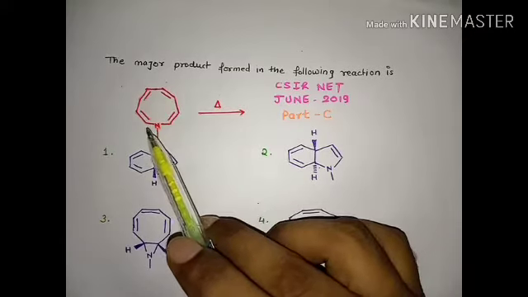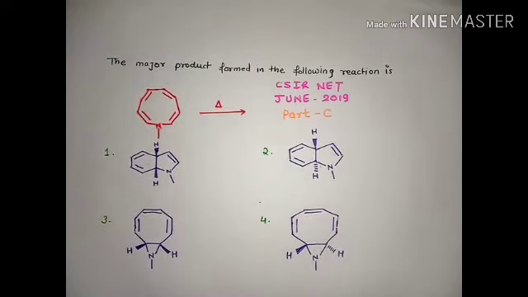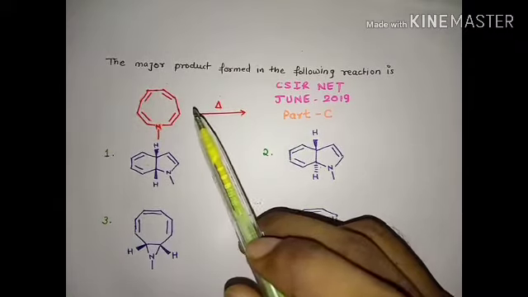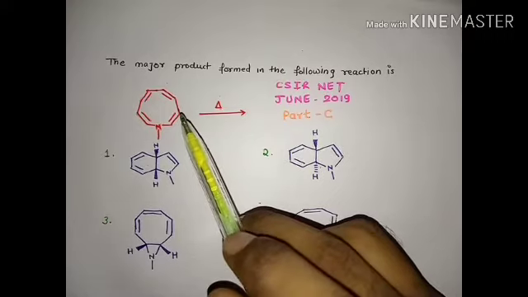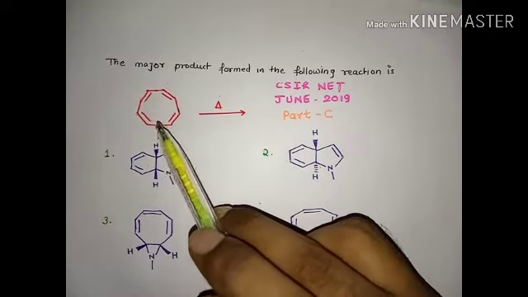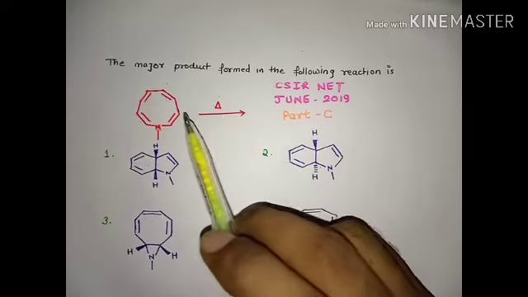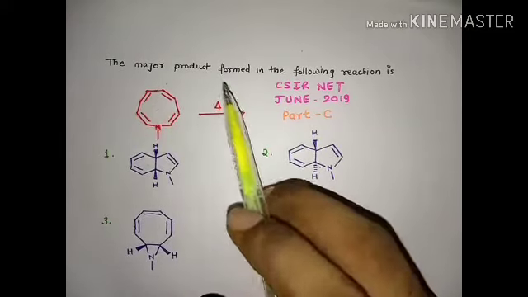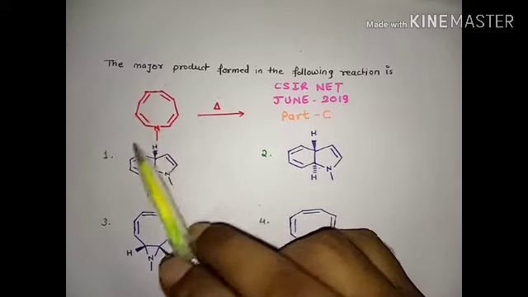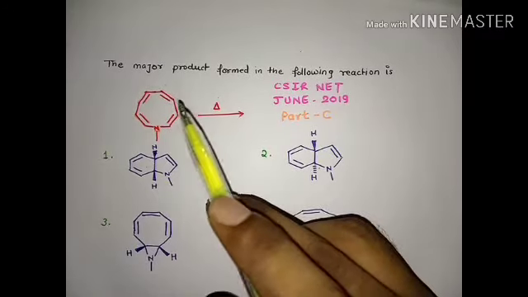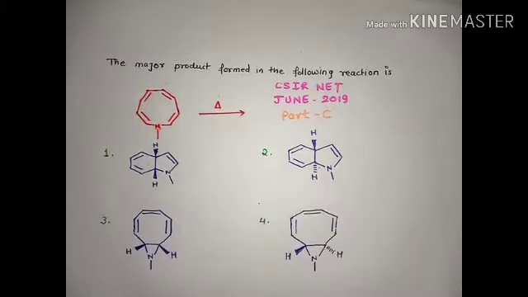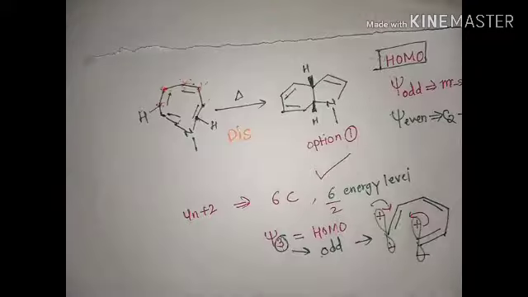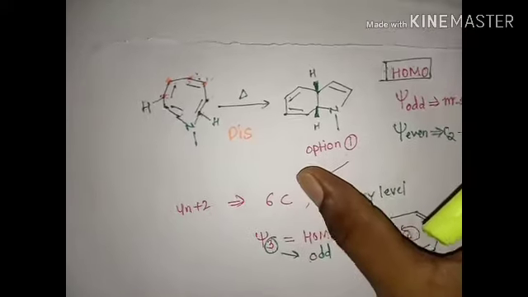So here you will do the 4n plus 2 thermal operation, and in 4n plus 2 thermal it is disrotation. This is the process that always takes place, so by selection rule also you can say that 4n plus 2 thermal is disrotation. These two hydrogens will go to the cis position because they rotate in opposite directions.